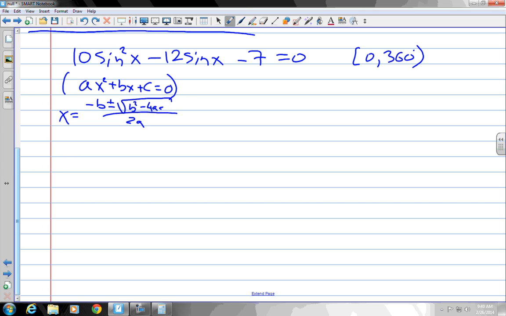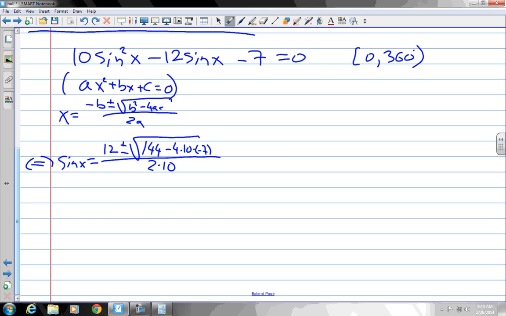So that means equivalently, sine x will equal negative b, which is 12, plus or minus the square root of b squared, which is 144, minus 4ac, so it's minus 4 times 10 times negative 7, all over 2a. So I'm solving for sine x instead of x. Is that okay?